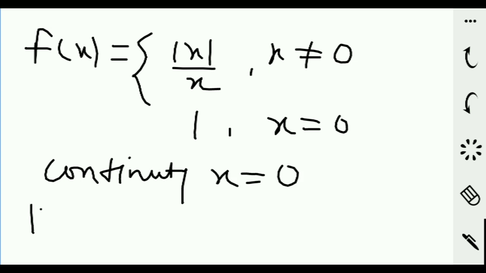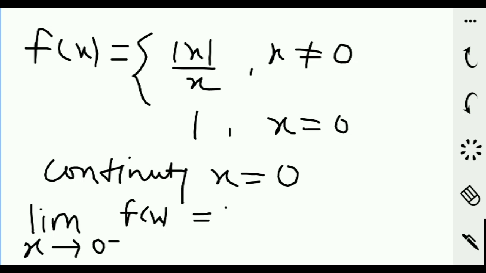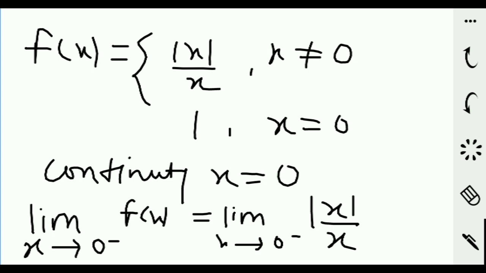First we will see the left hand limit. For that we will write limit x tending to 0 negative of f of x. This will be equal to limit x tending to 0 negative of mod x divided by x, which is given. Any value a little bit lesser than 0 will be some minus 0 point something.